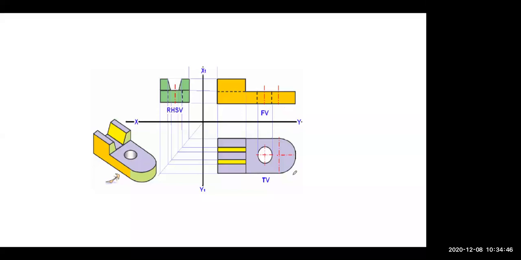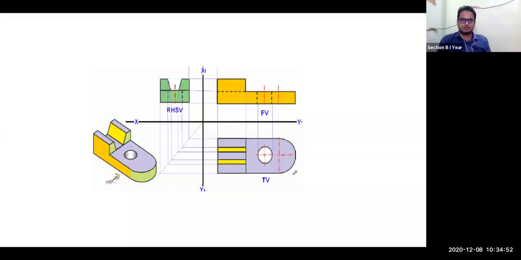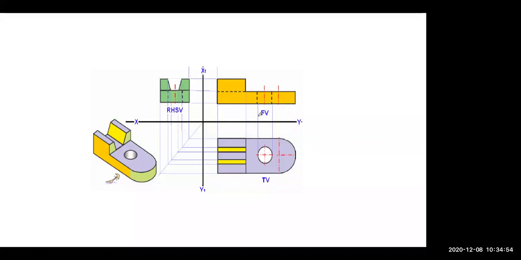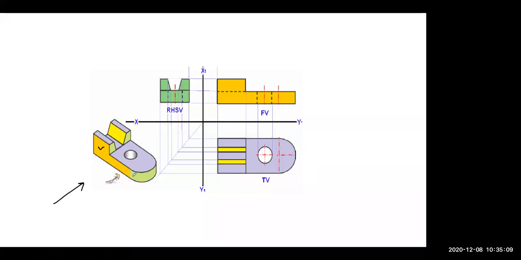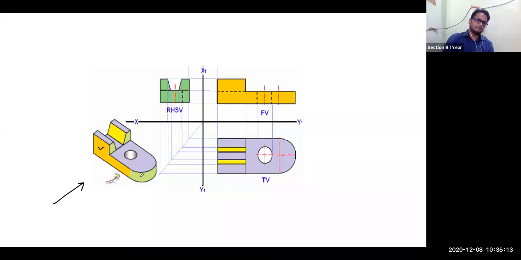Here you have a hole also, you have flat faces also, and here you have slant faces also. Okay, so if you look at it from the front view, this brown color face, as well as the slant face of this light green, will be visible.